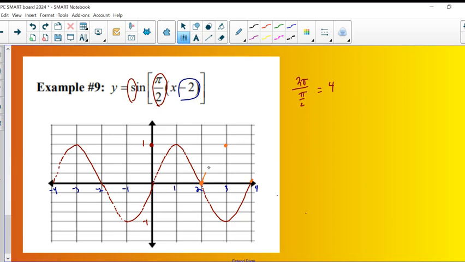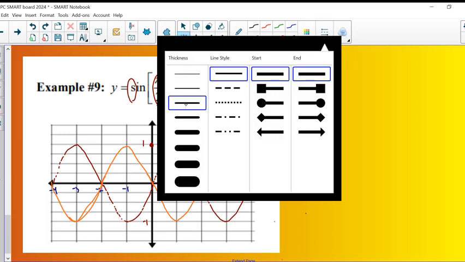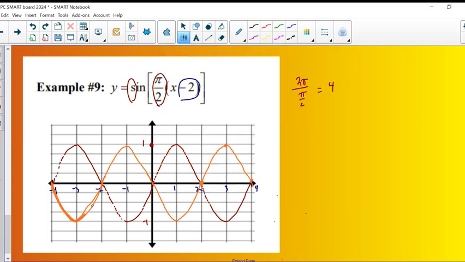So that first wave would have been this. And as you complete your graph, you pick up the pattern. So 2 to the right is exactly a negative sine wave. Maybe make it a little bit thicker or highlighted, but that is your wave for your final graph.